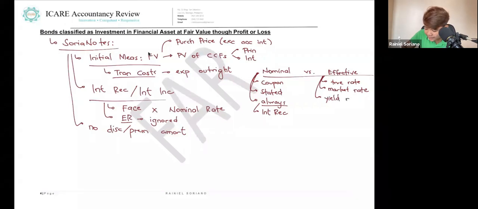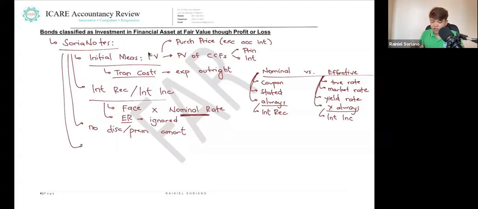As a general rule, interest income should be based on it. It's just that if we are FVPL, we don't base interest income on it. So, not always is this the basis for the computation of interest income, because when we are FVPL, interest income is still based on the nominal rate. I hope we are clear on the interest income and interest received computation here in FVPL.